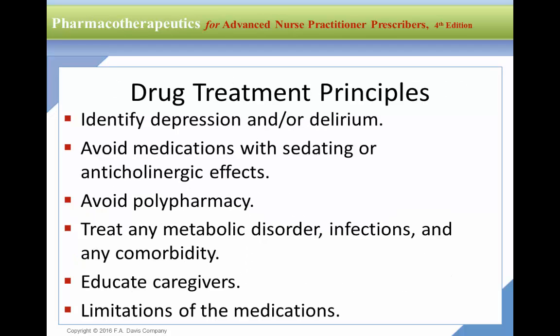So identify the difference between delirium and dementia, as well as signs and symptoms of depression. Avoid medications that could oversedate or block anticholinergic effects, such as over-the-counter medications and the ones already discussed. You could also avoid polypharmacy, very highly prevalent in elderly patients.